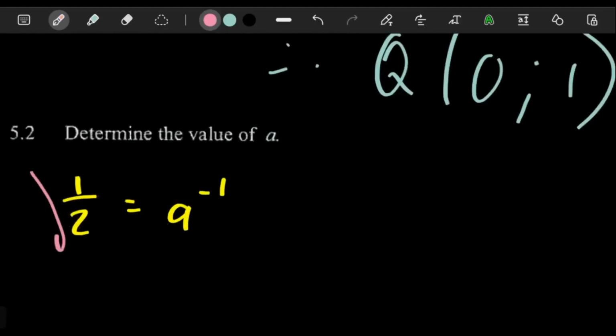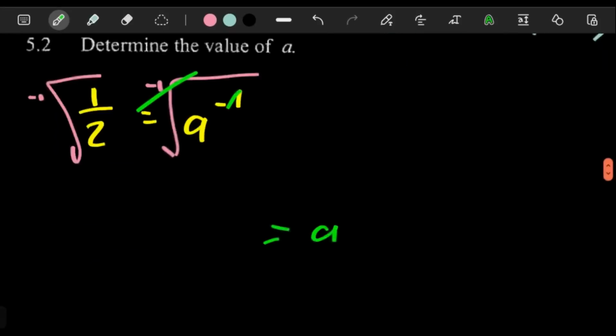In the calculator, your calculator will give you an answer. So this cancels that, you get a, and your answer is a equals 2.